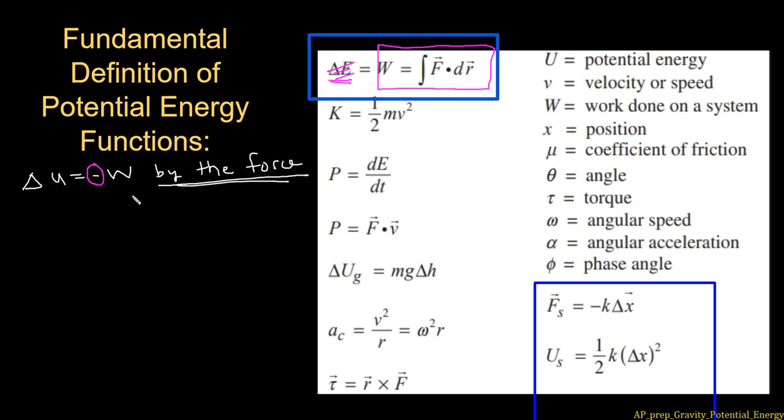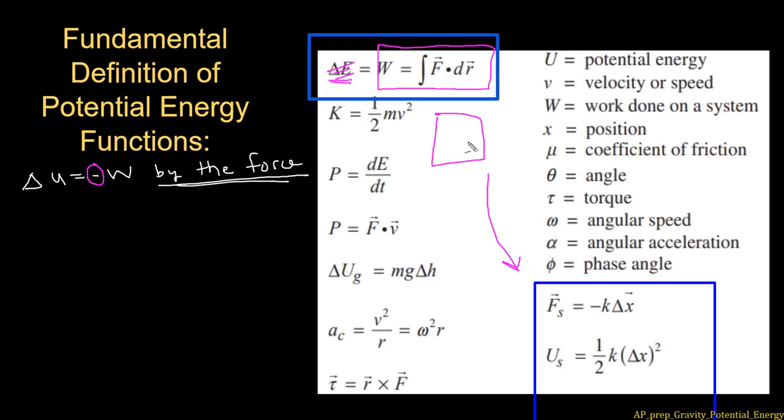What will help you see the minus sign that you do get is this over here: force of a spring, Hooke's law, K delta X, but there's a minus sign there. Energy, the stored energy in a spring, 1/2 K delta X squared. Looking at these two formulas, and on the formula sheet, it's about here.